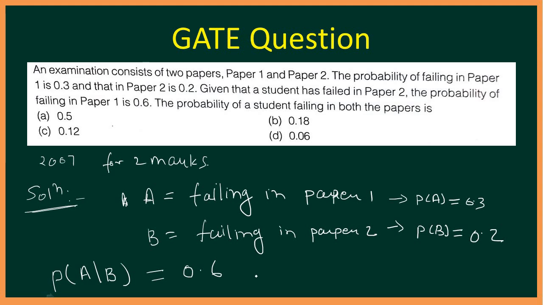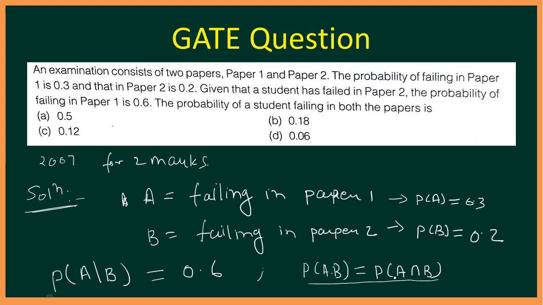Now let's see what is asked: the probability of a student failing in both the papers. Both papers means failing in A as well as failing in B, so it is the probability of A intersection B, which we have to calculate.